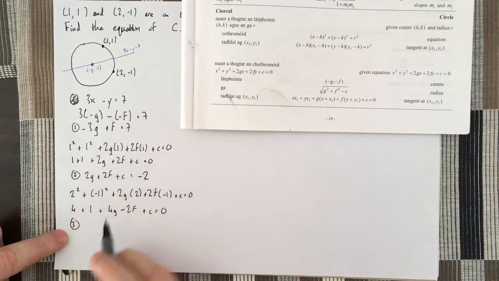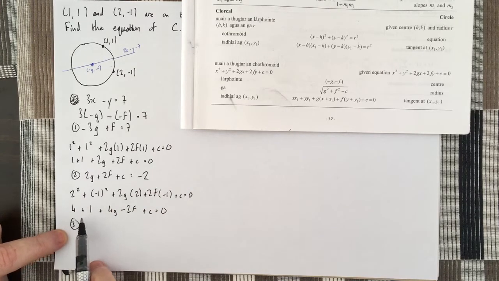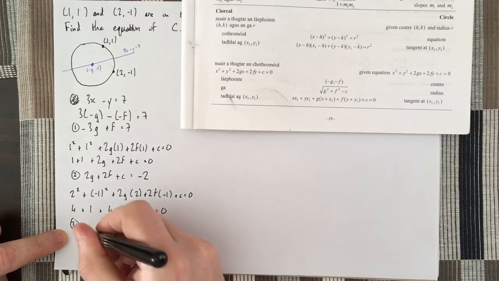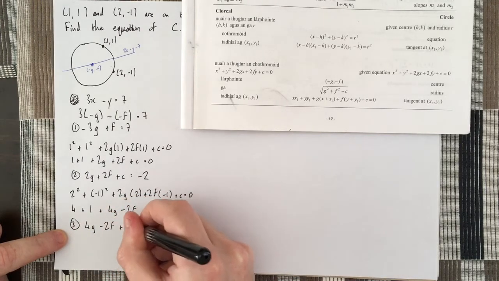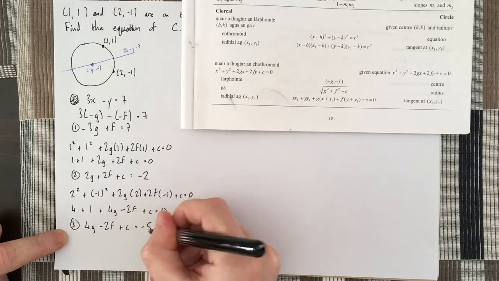So my third equation then is 4 plus 1 is 5, and move it over the other side, it becomes -5. So 4g - 2f + c = -5.